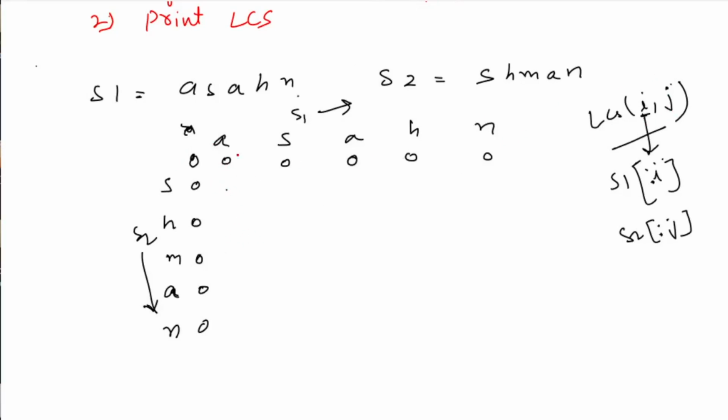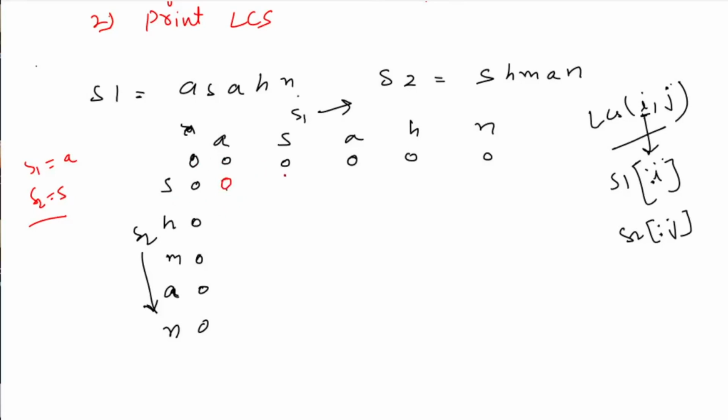So s1 is A and s2 is S. You can see that there is no common prefix, and initially we had the longest common subsequence as an empty string. So we'll put 0 here, then we'll move forward.